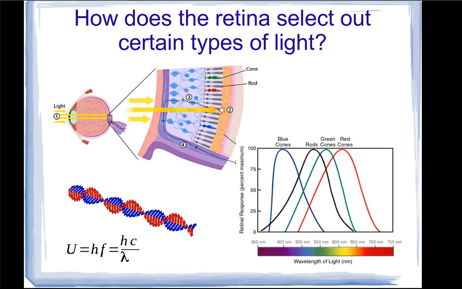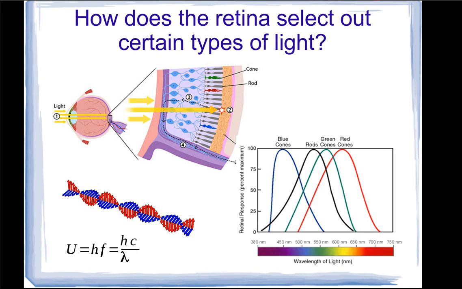The retina has a series of things called rods and three types of cones, often described as blue cones, green cones, and red cones. Rods react to very, very dim levels of light, and qualitatively are associated with seeing brightness. They don't allow you to see color, but they can let you see dim things. And then blue cones, green cones, and red cones allow you to see color.